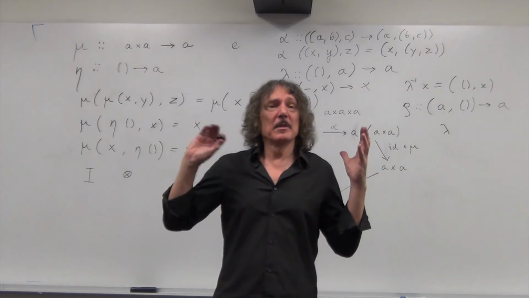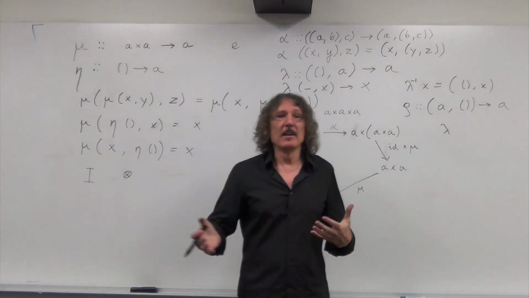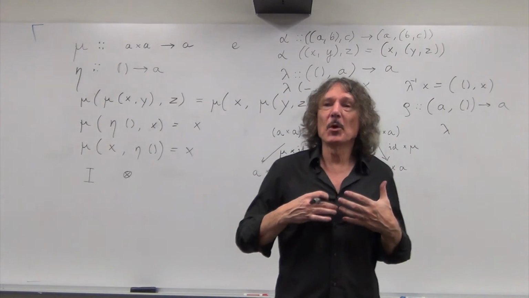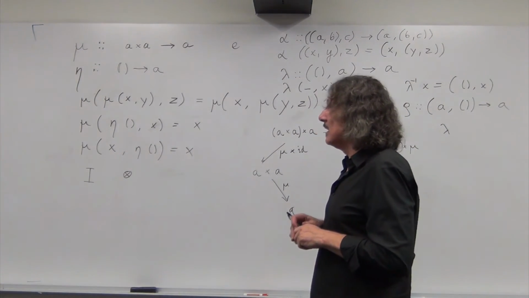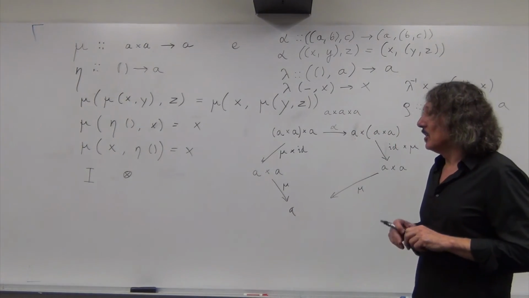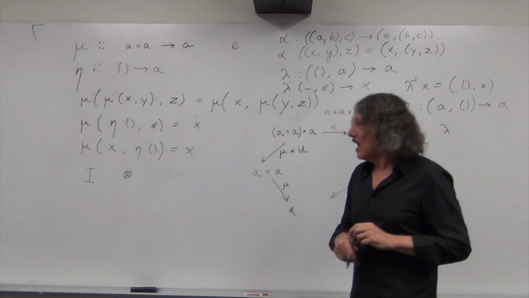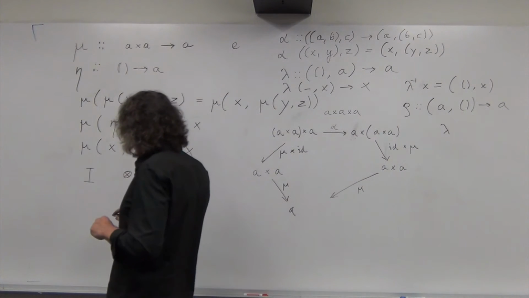So now, if we have a monoidal category, we can have a more general definition of a monoid. We can define a monoid as an object in a monoidal category.